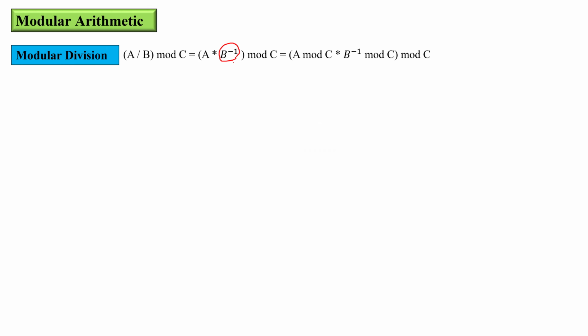For multiplication, you can multiply these two values to each other and then compute mod, or you can compute A mod C and then compute the inverse of B mod C, then multiply the two terms to each other and finally compute mod again. But the challenge here is how we can compute the inverse of a value in modular arithmetic. Okay, so let's follow with an example.